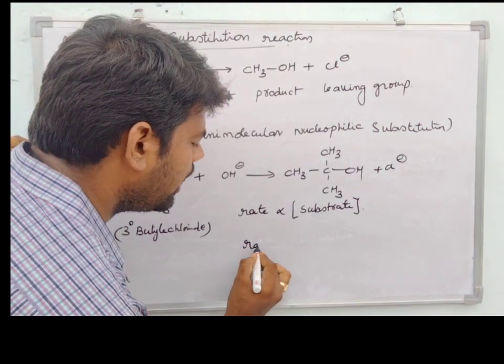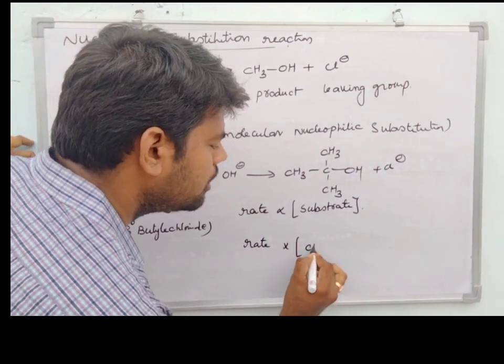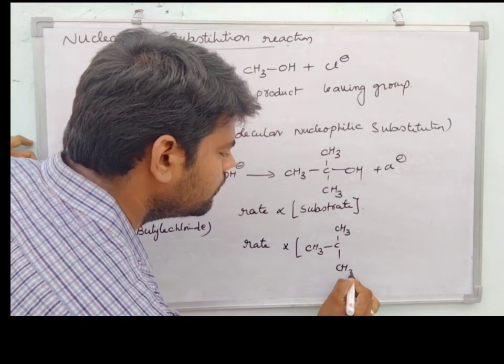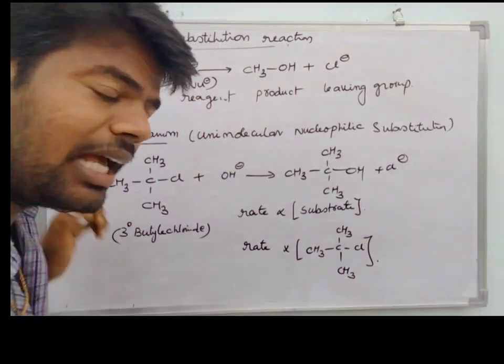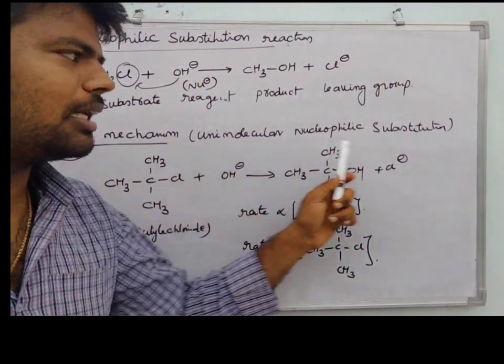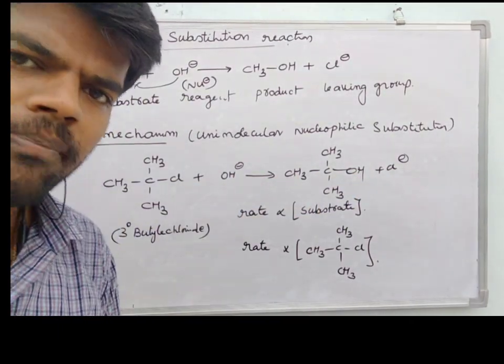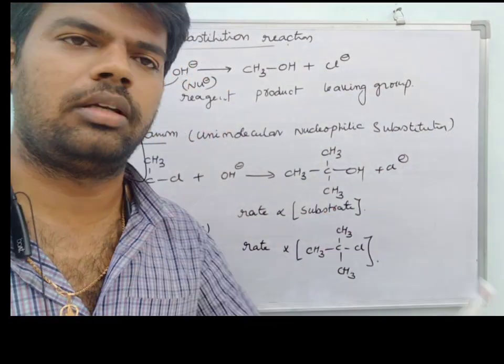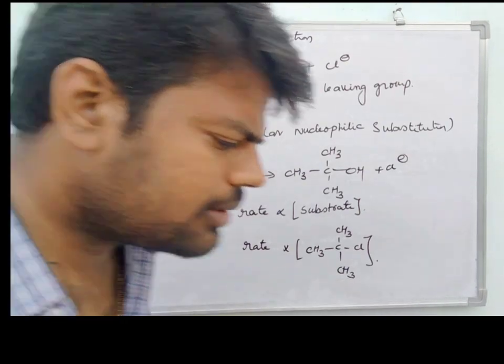Therefore, the rate depends on the tertiary butyl chloride. If the rate depends upon a single molecule, for that reason this reaction is said to be a unimolecular nucleophilic substitution reaction.